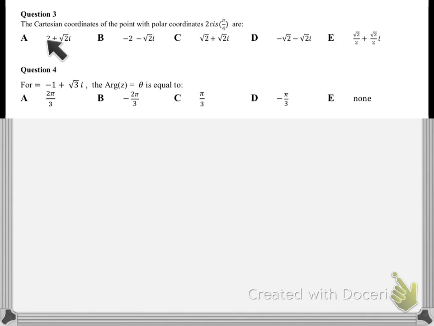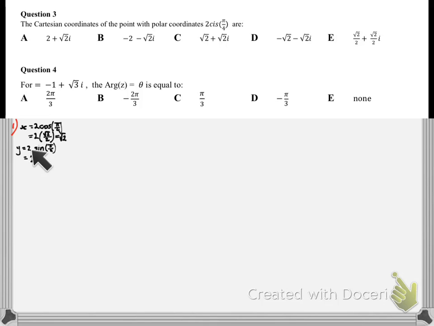Let's do the next question. Question 3, the Cartesian coordinates of the point with the polar coordinates 2 cis pi on 4. So what's that in Cartesian form? What we're doing is seeing that the real part of the Cartesian form is 2 times cos of pi on 4. That's 2 lots of root 2 on 2, which gives you a value of root 2.